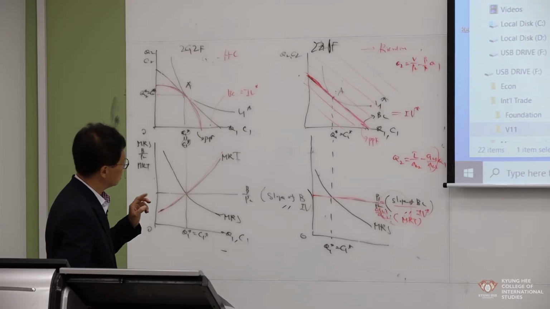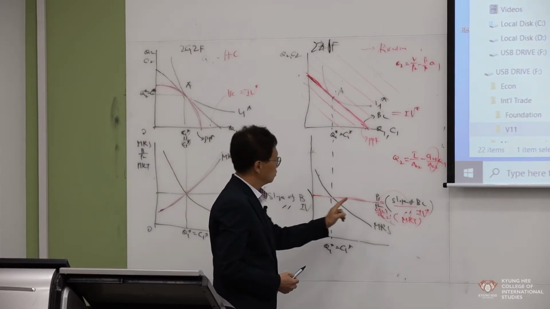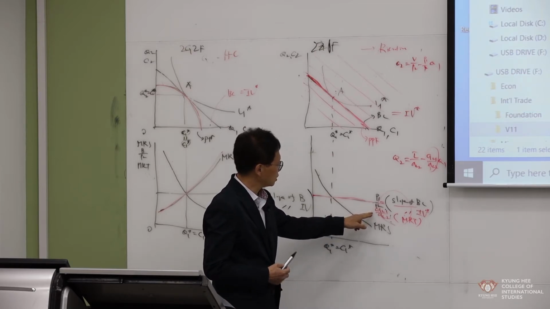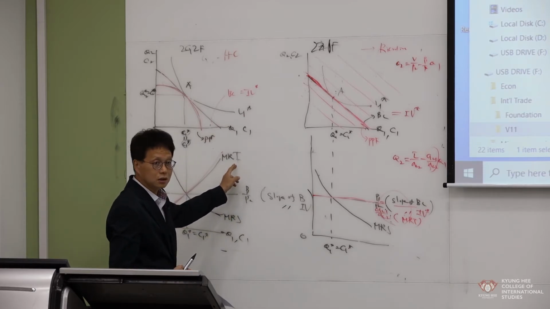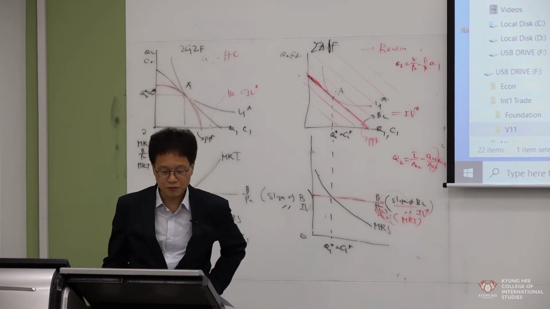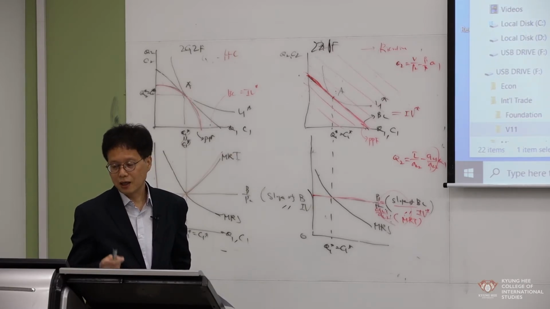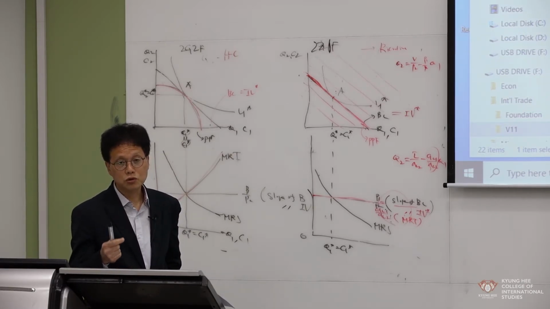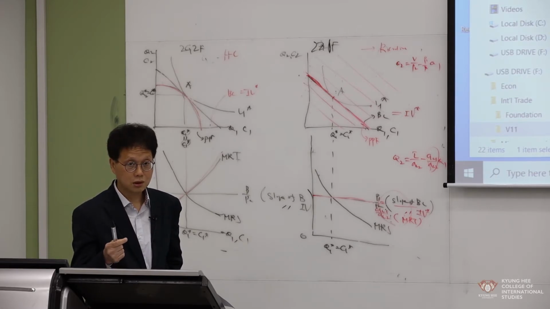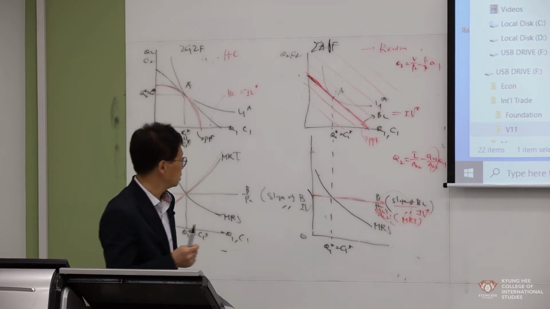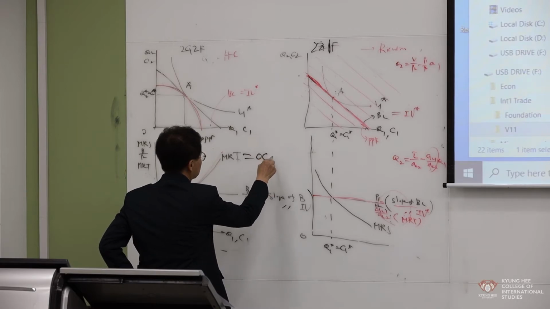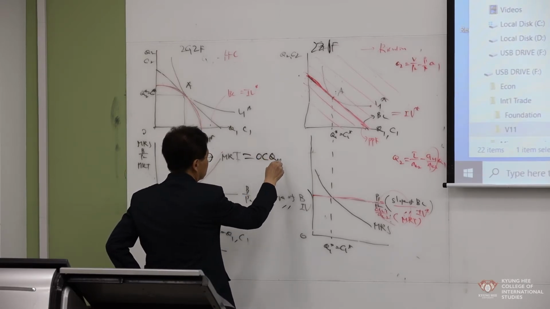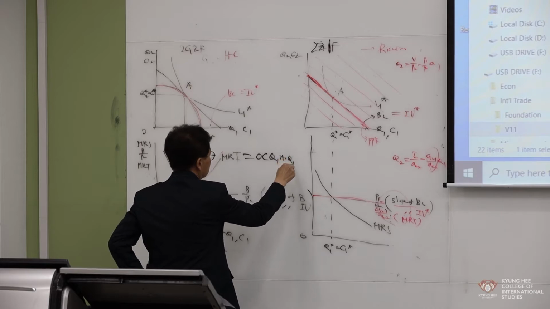So number one, MRT. We already studied the MRT in the one factor case, AL1 over AL2. Well, the two factor case, anyway, MRT. And in the microeconomic foundation, I explained that MRT is the opportunity cost of Q1 in terms of Q2, right?